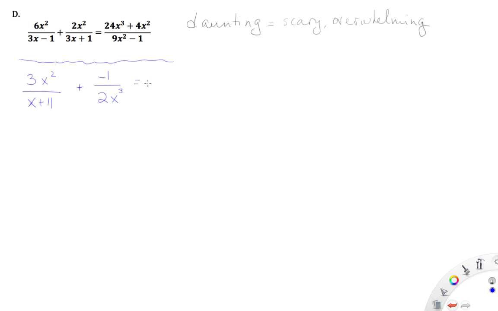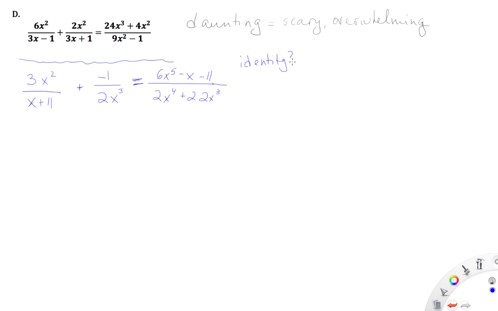And on the other side, I have 6x to the fifth minus x minus 11, and on the bottom, I have 2x to the fourth power plus 22x to the third power. Now the question is, does this represent an identity?